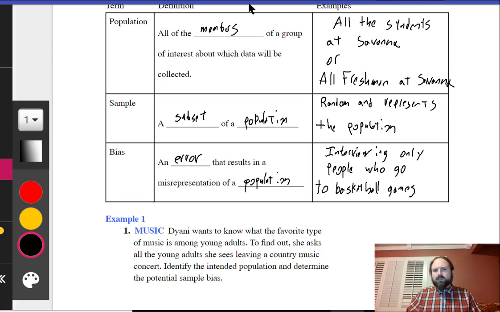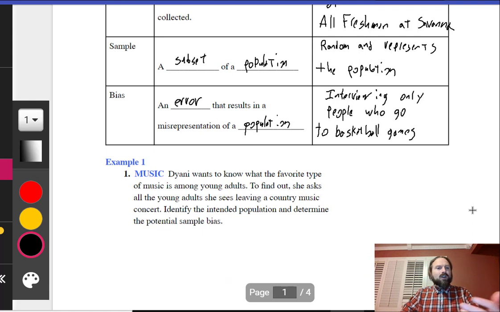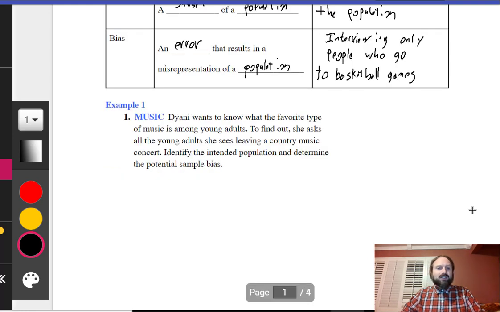All right, well, let's go into example 1, music. Dayani wants to know what favorite type of music is among young adults. To find out, she asks all the young adults she sees leaving a country music concert. Identify the intended population and determine the potential sample bias.